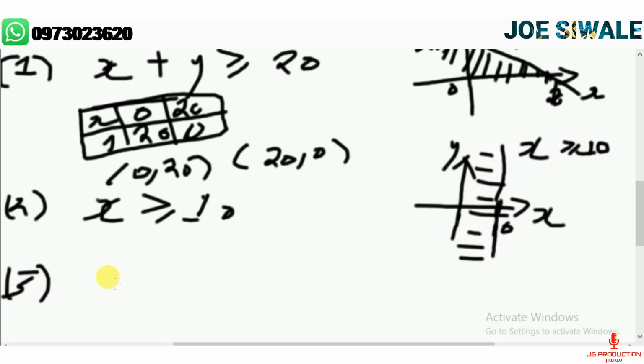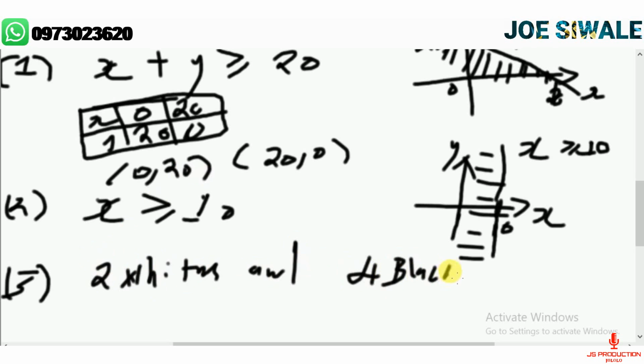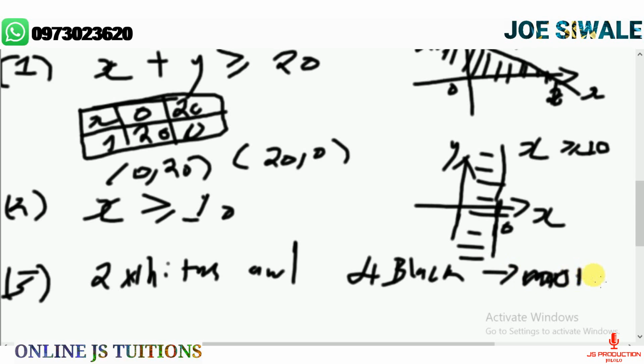For example, if you have been told that 2 whiteboards will be produced and 4 blackboards will be produced, but the total number must not be more than 8, and you have been told to write the inequality from this particular situation.